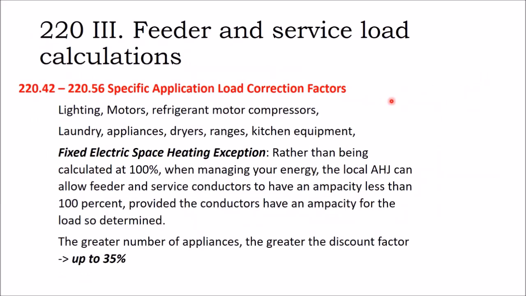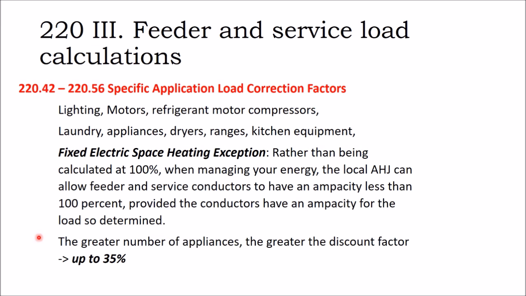Feeder and service load correction factors. There's correction factors for all kinds of appliances. There's a fixed electric space heating exception that says rather than being calculated at 100% of the load, when you're managing your energy, the local AHJ can allow feeder and service conductors to have ampacity less than 100%, provided the conductors have an ampacity for the load so determined.